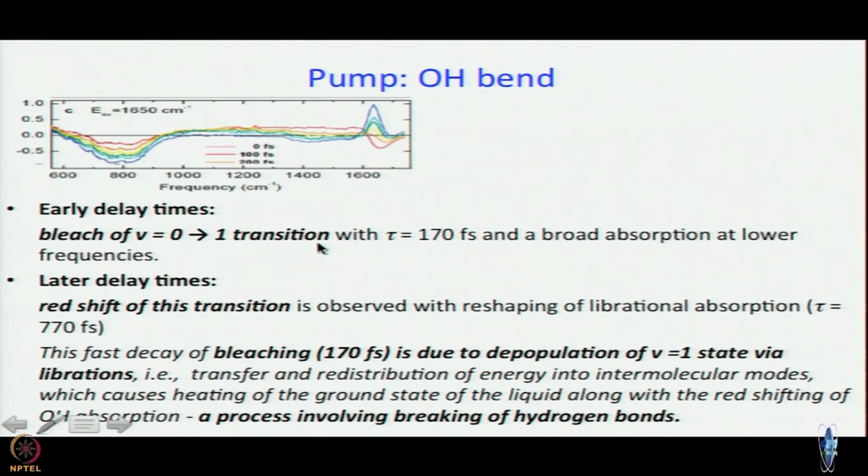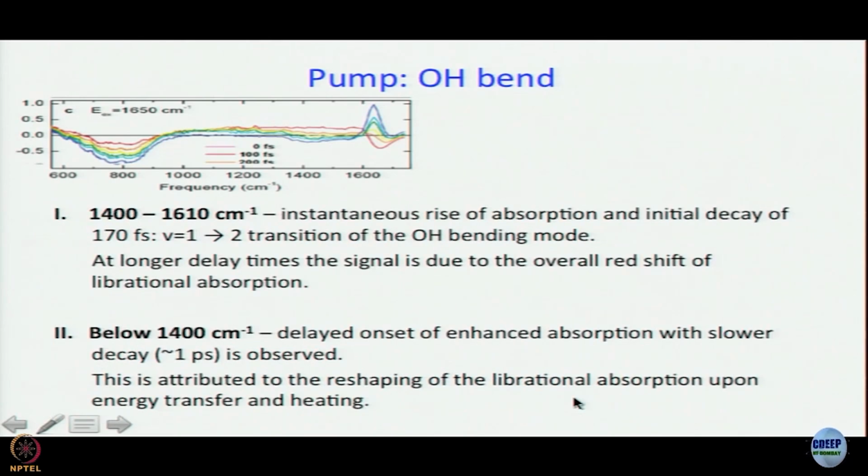Later, for longer times, you see there is a rate shift of this absorption and liberational absorption gets reshaped. Why does that take place? Once again, because of disruption of hydrogen bonded network, okay? And that is what is sort of discussed in this last paragraph.